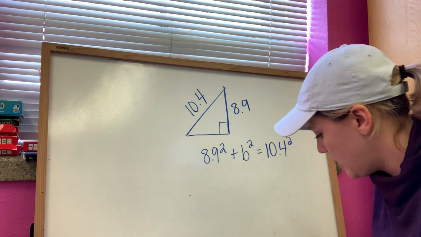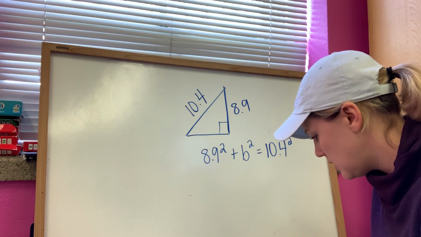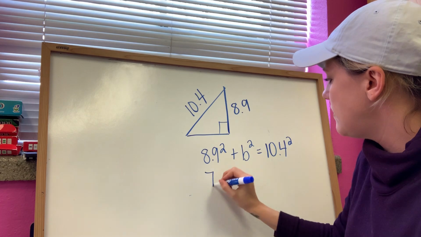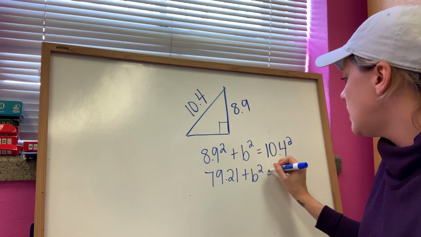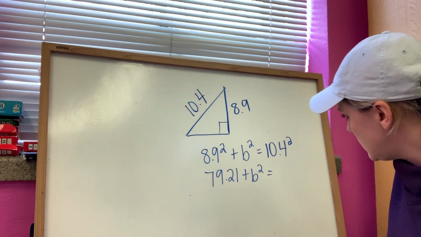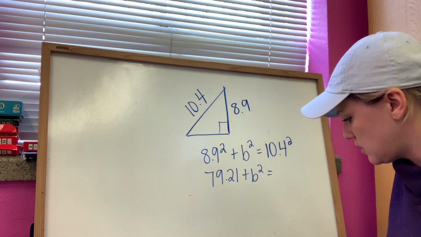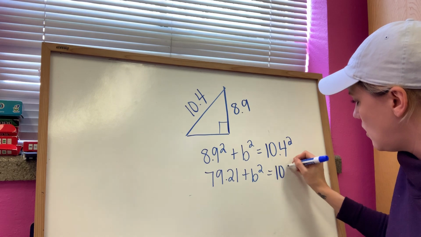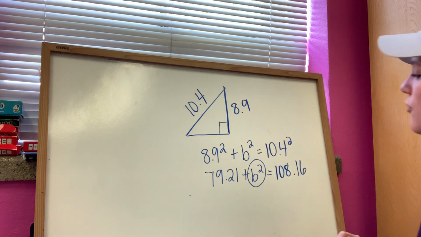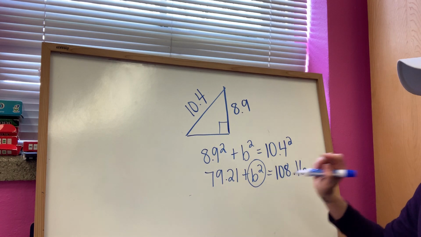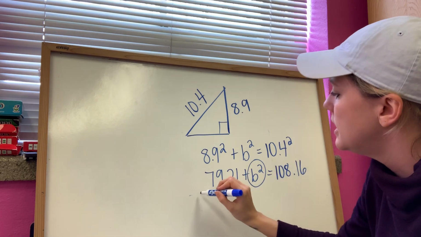Okay, so we have 8.9 squared, 79.21 plus b squared equals 10.4 squared, 108.16. Okay, I am going to solve for b squared, so I'm going to subtract the 79.21.